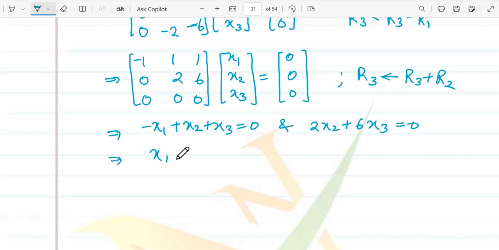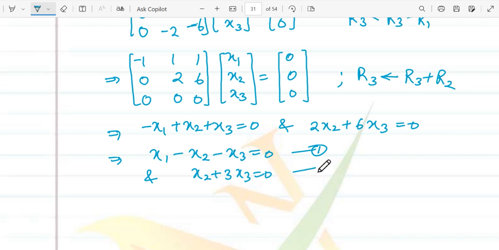This implies x1 minus x2 minus x3 is equal to 0 and x2 plus 3x3 is equal to 0.